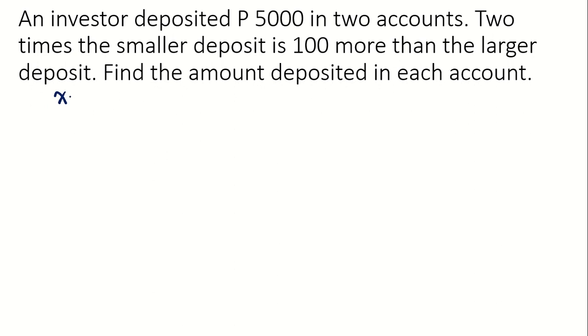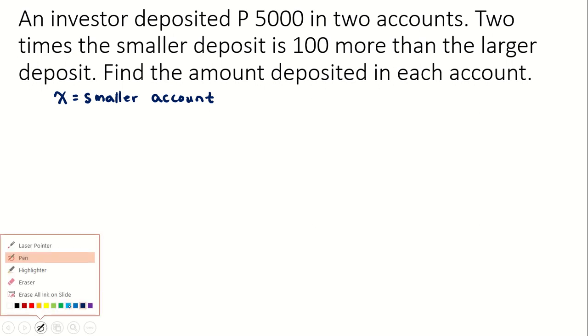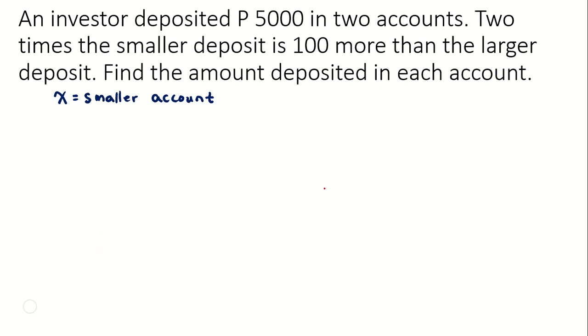Let X be equal to the smaller account. To find our larger account, we could visualize the problem by saying X plus Y is equal to 5,000.